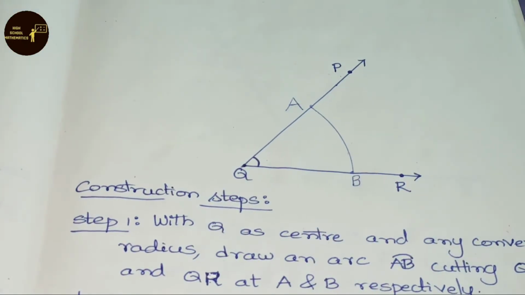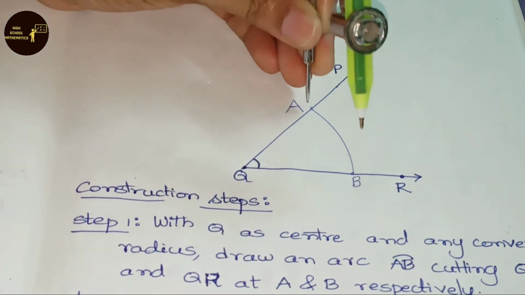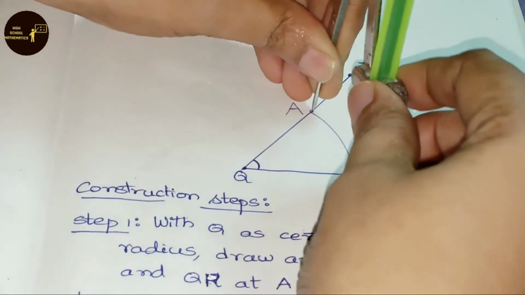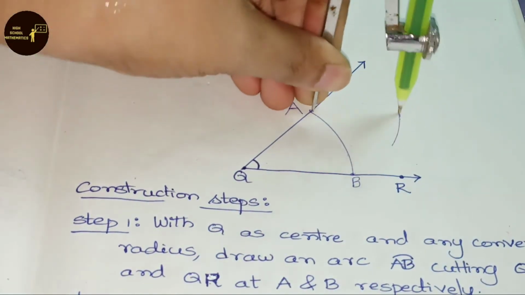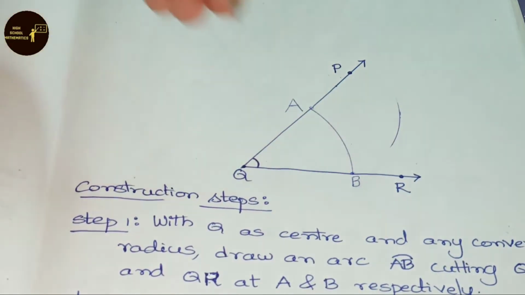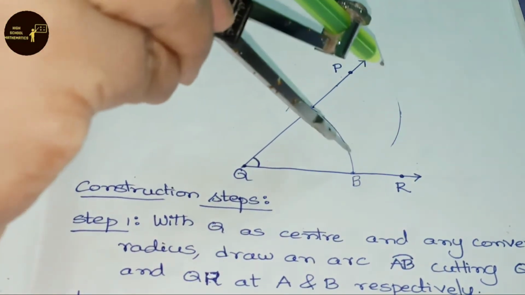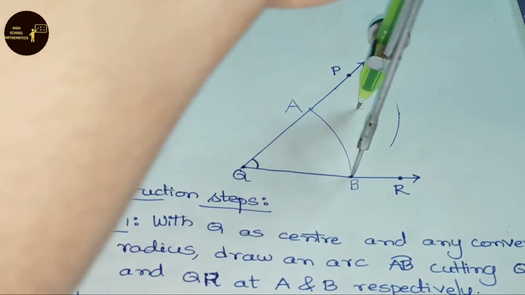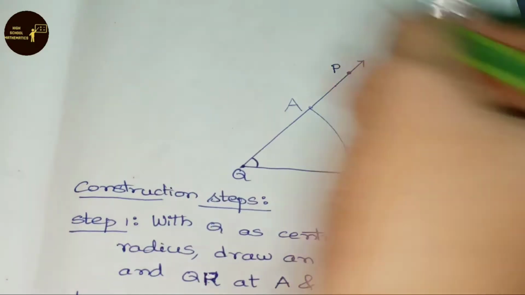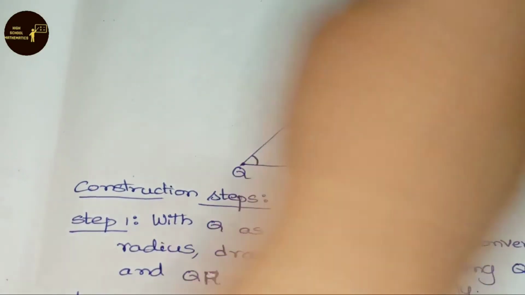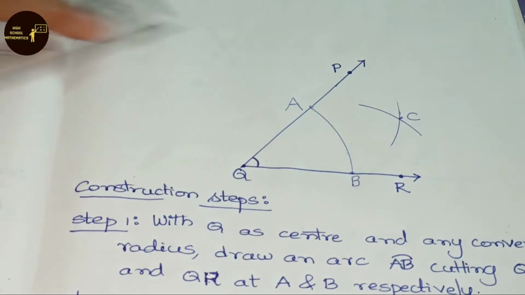Now with A as center and slightly more than half radius of AB, we are going to draw an arc. With same radius, with B as center, we are drawing another arc. Now the intersecting point is C. Now let us join QC.